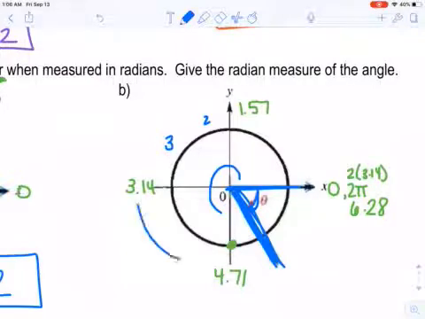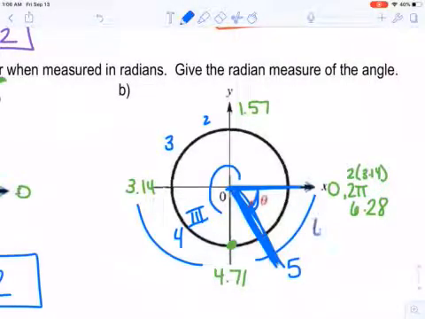What's the only integer in the third quadrant? It's gonna be 4. And then as we continue around between 4.71 and 6.28, we're gonna be at 5 and 6 before we get to 6.28. We should probably add 1 in the first quadrant there.